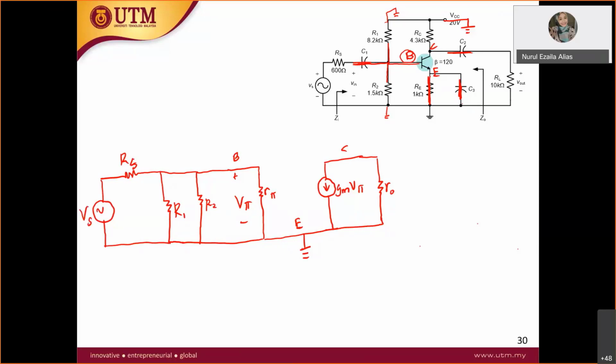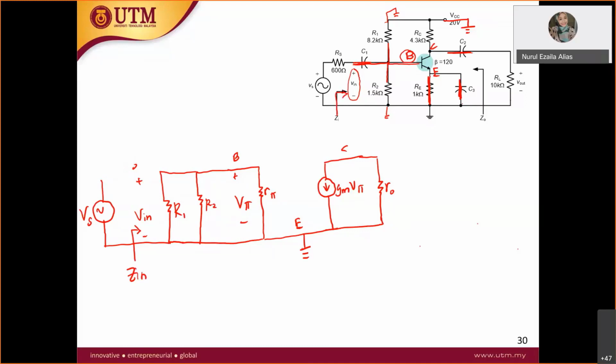So given all the values, don't forget to put your V pi there, and there is also V in stated here. So you have to put your V in, plus minus V in at this point, and also your Z in before RS. So this is your Z in. As you can see, Z in is not included with RS because Z in is after RS, I mean, starting from this V in.